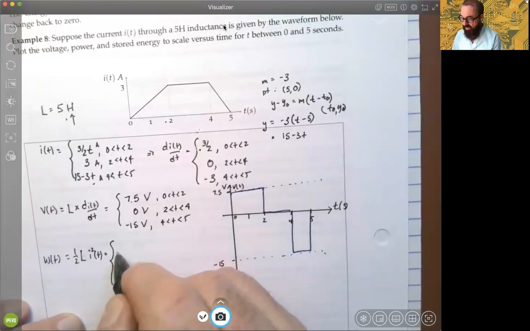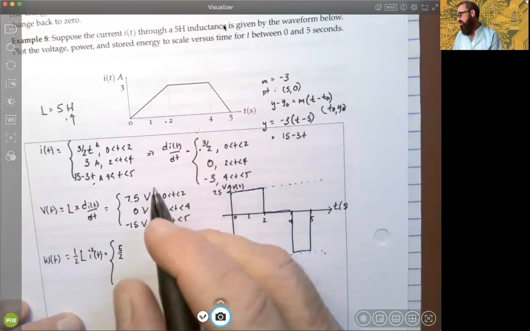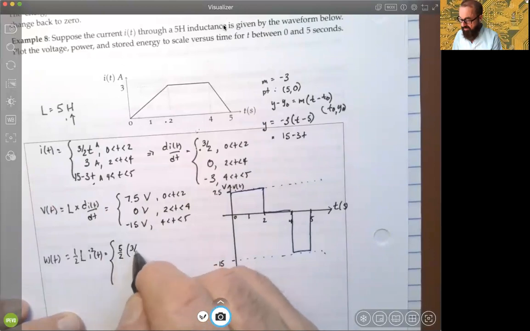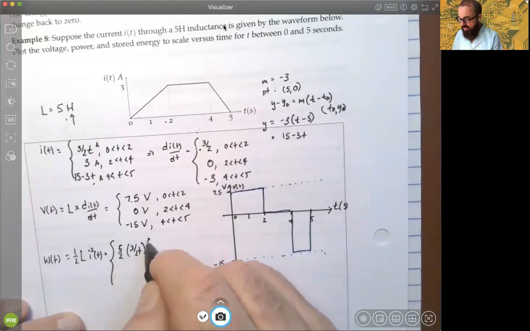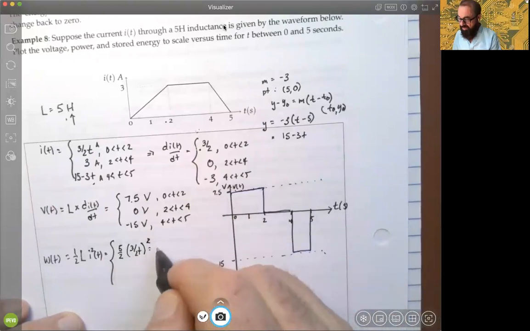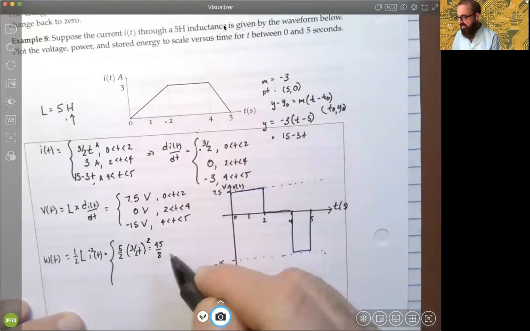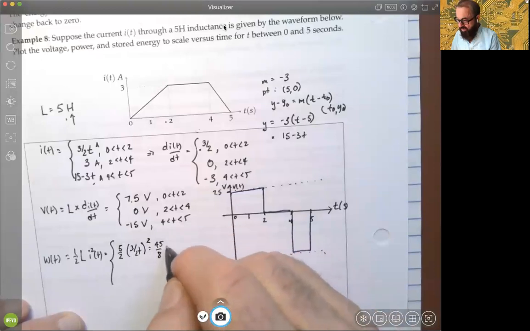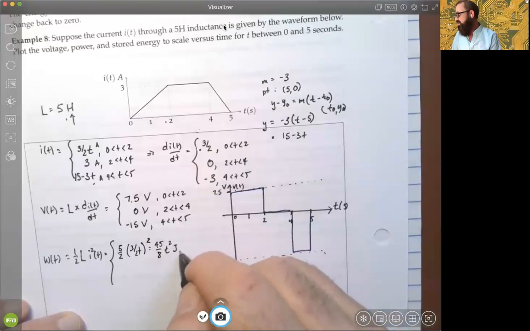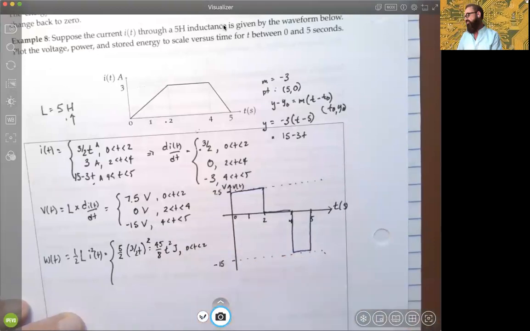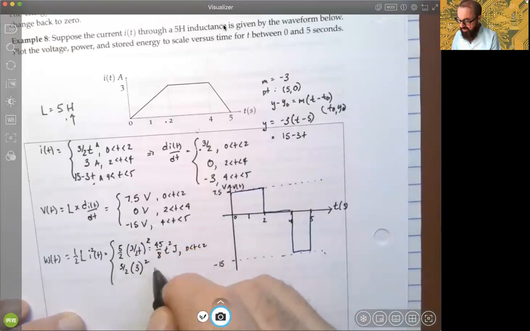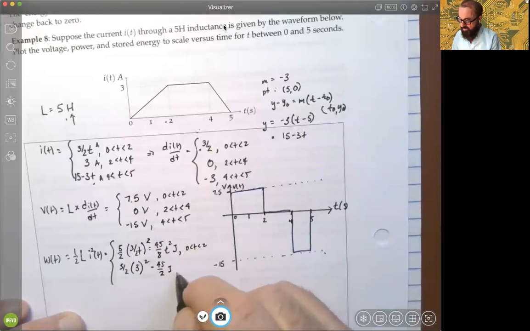So if we do that, we're going to get 5/2 times the quantity 3/2 t squared, and we could simplify that as 45/8 t squared, and this is joules, and this is between 0 and 2. And the next one is just 5/2 times 3 squared because it's just constant, and that's just going to be 45/2 joules, and that's between 2 and 4.